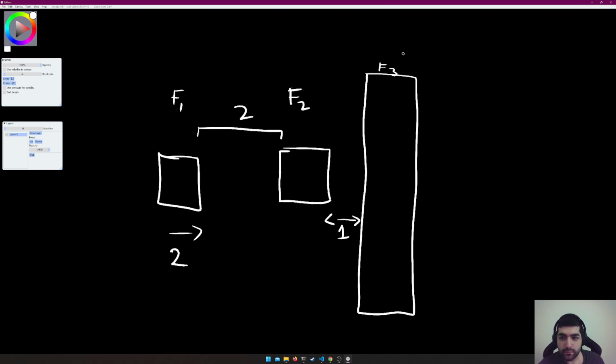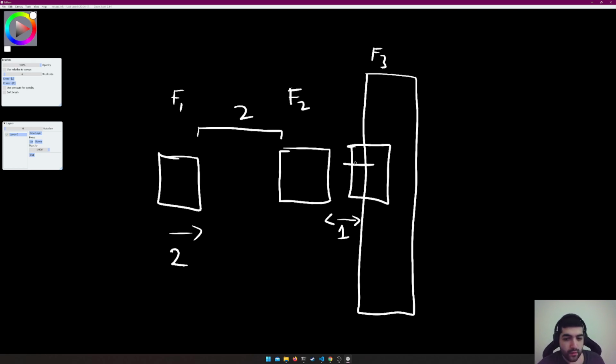So at frame 3, what's going to happen is the cube is going to be around halfway inside the wall. And then if you have a physics system, a collision system, it's going to detect that there has been an intersection between these two bodies, and then it's going to push the cube back.